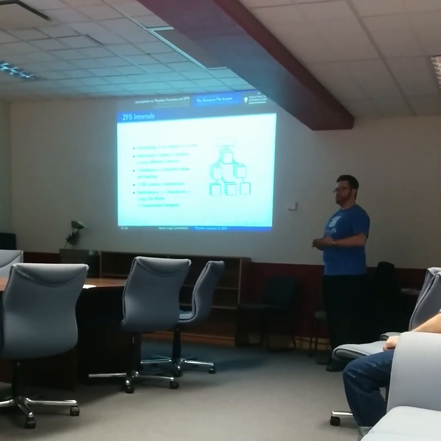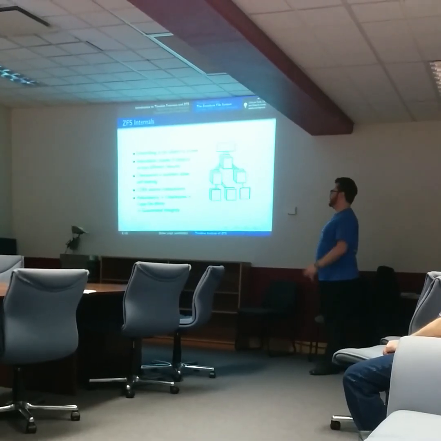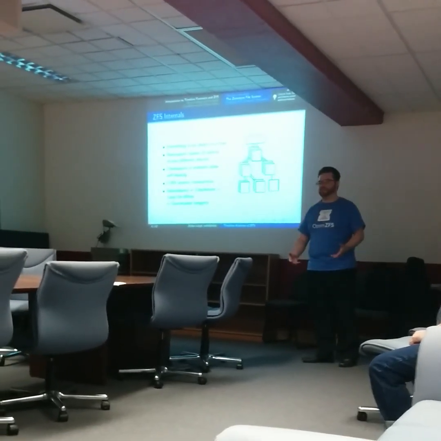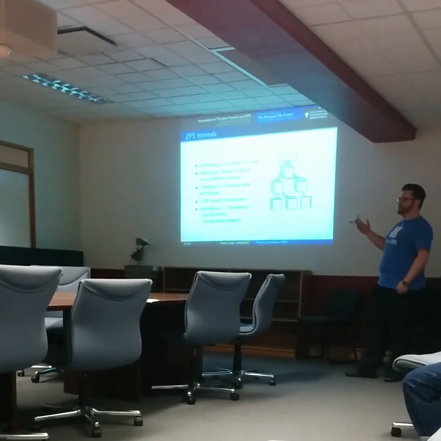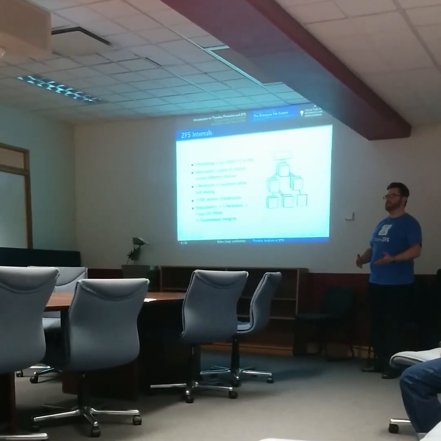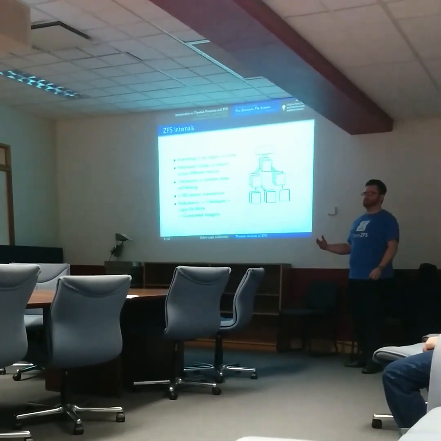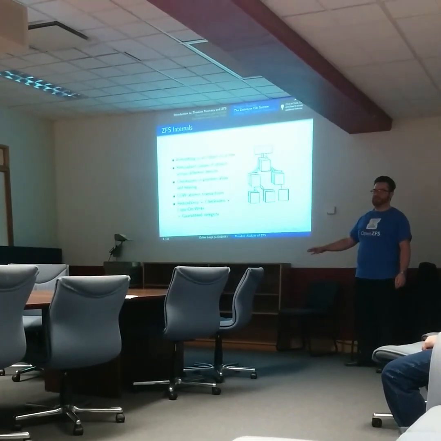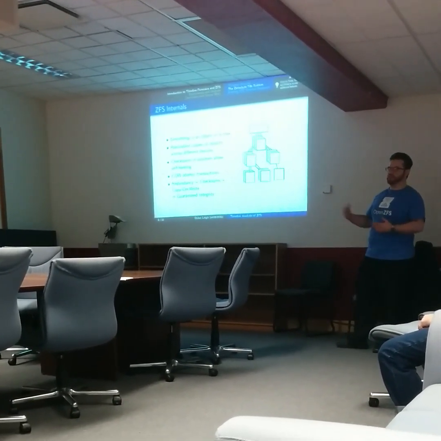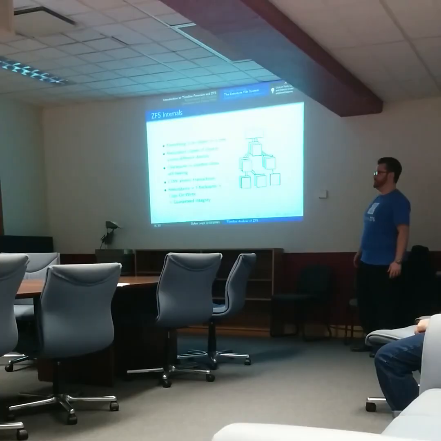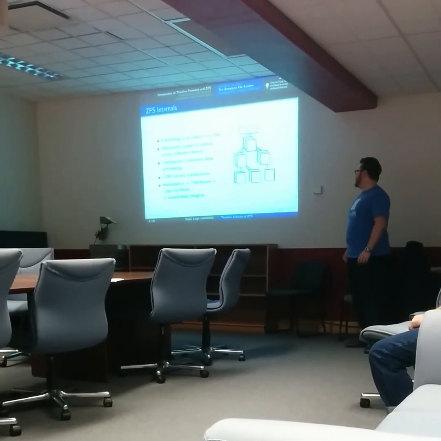The triple pointer structure also has a checksum in it, which allows ZFS to detect if any of those objects have been corrupted. If it has been corrupted, then ZFS will find one of the other copies, see if that's good, and then replace the bad copy. So it automatically heals from disk corruption.